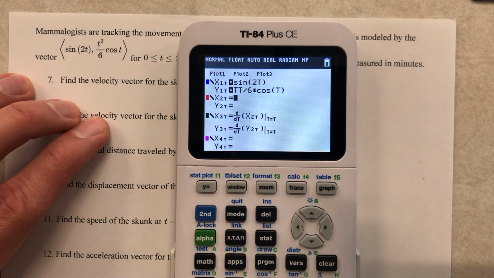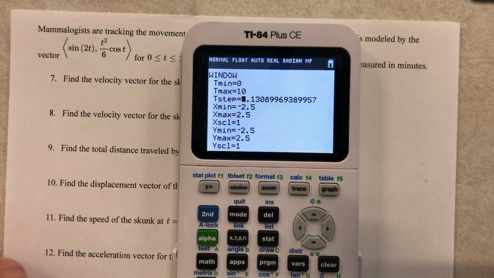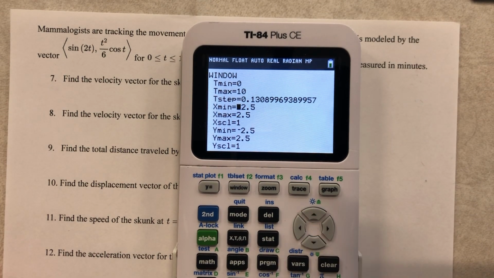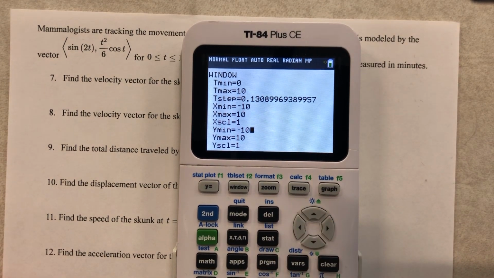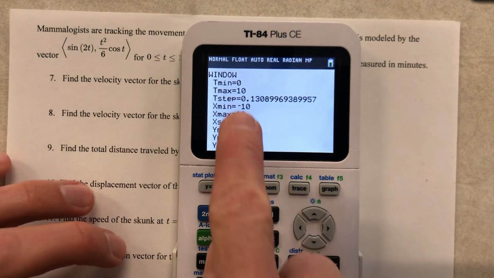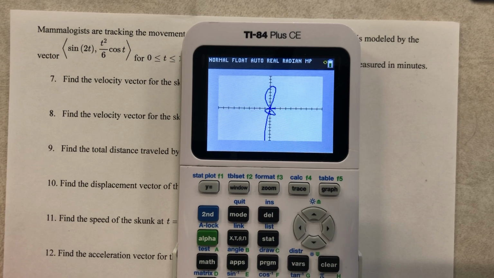And I'm going to graph this on a standard window from 0 to 10. Now, if I press zoom standard now, it resets my t's. But let's go negative 10 to 10 for the x's and negative 10 to 10 for the y's. And when I do that, that'll give me the standard window range, and then we have set the t values appropriately. So graph. There goes my skunk.